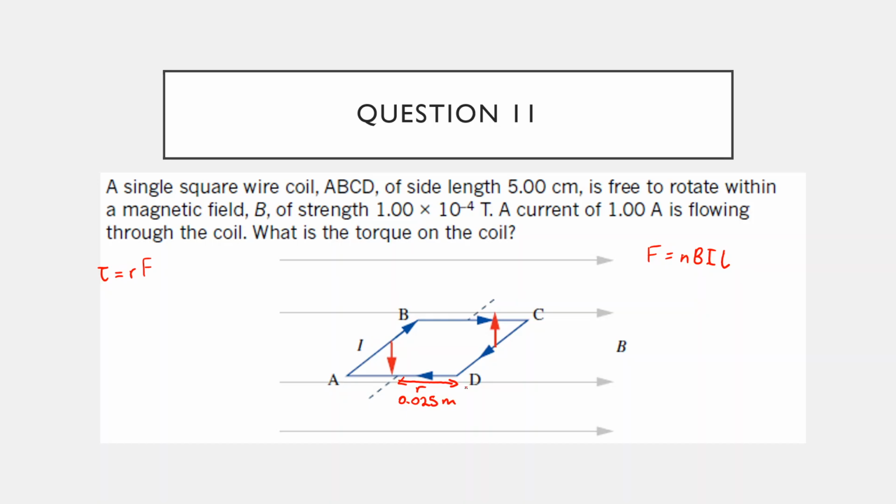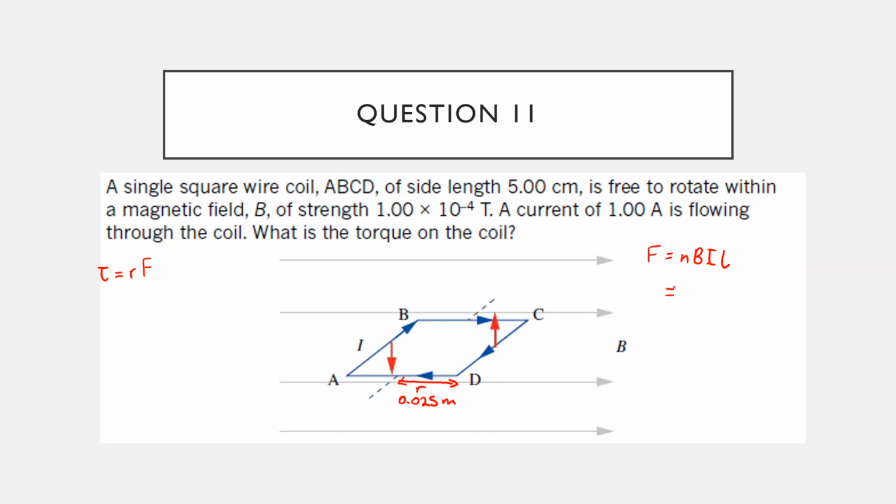That's some important information to know. However, notice that to work out the torque, we need to know the force first, so we've got to work this out anyway. Let's work out the force on one side, multiply that by 2, and then multiply that by the distance, and that'll give us the overall torque.